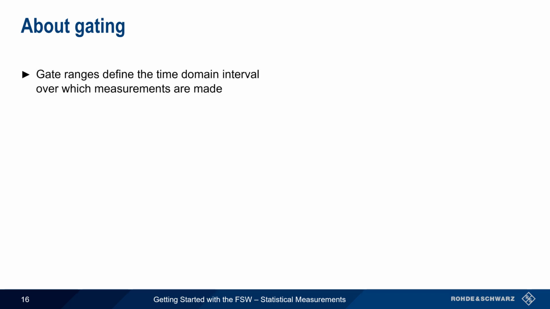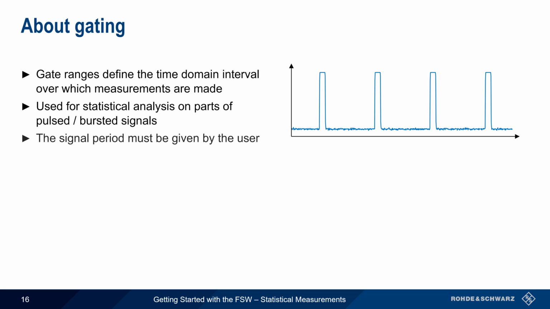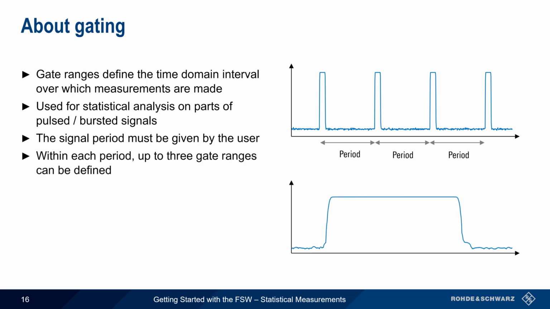Our final topic is gating. Gate ranges are used to define a time domain interval over which measurements are made. This is particularly useful when performing statistical measurements on the active part of a pulsed or bursted signal. The user must provide the signal period, and within each period, up to 3 gate ranges can be defined.